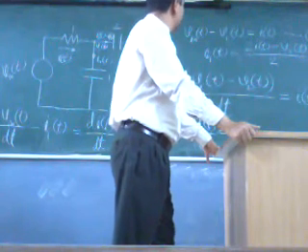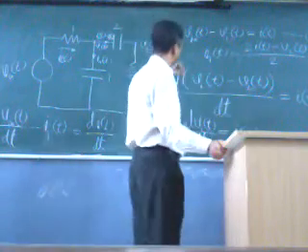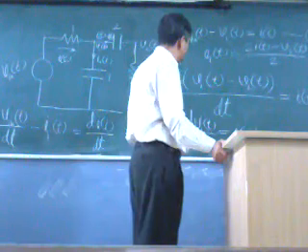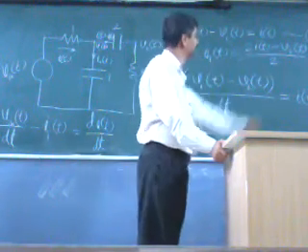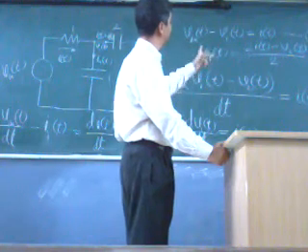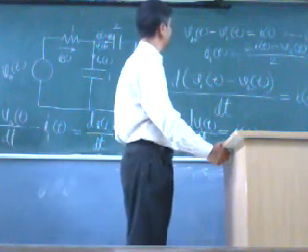Now here I find some ray of hope, because if I rewrite this equation again, there is a chance of getting rid of V2(t).